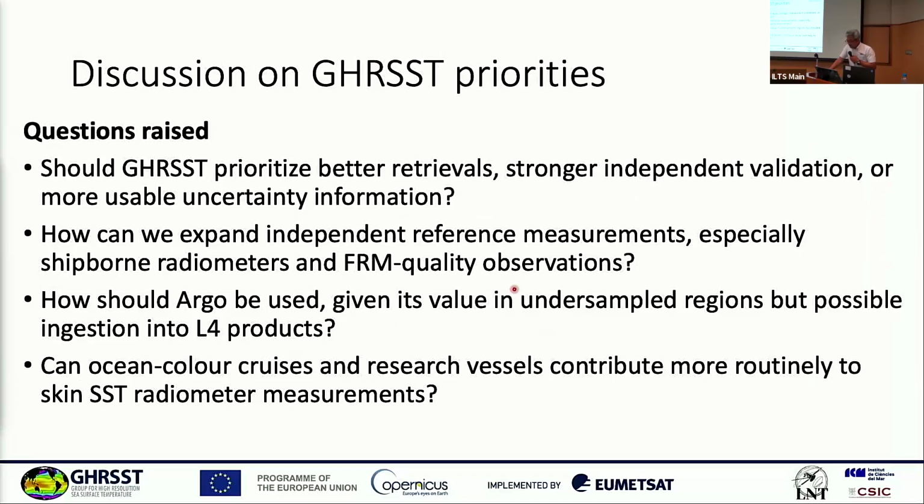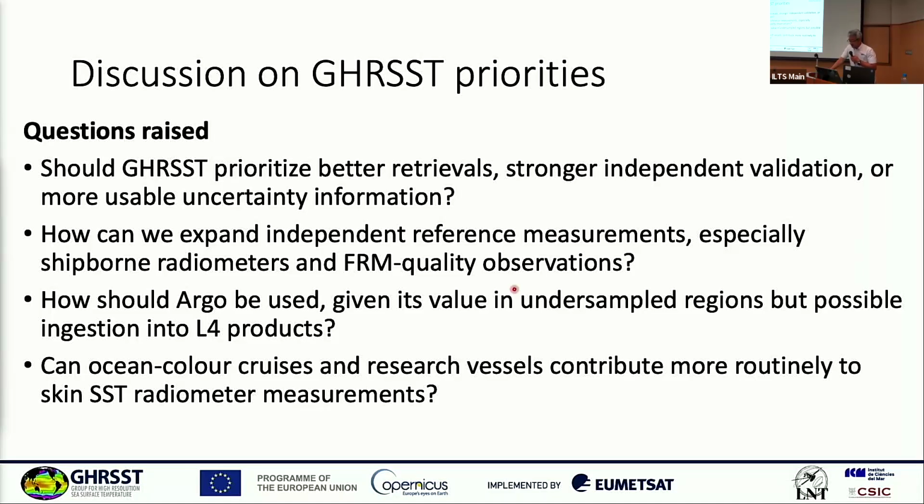So the plenary discussion raised several strategic questions for GHRSST. Should the community prioritize better retrieval, stronger independent validation, or more usable uncertainty information? And how can we expand independent reference measurements, especially shipborne radiometers and FRM quality observations?